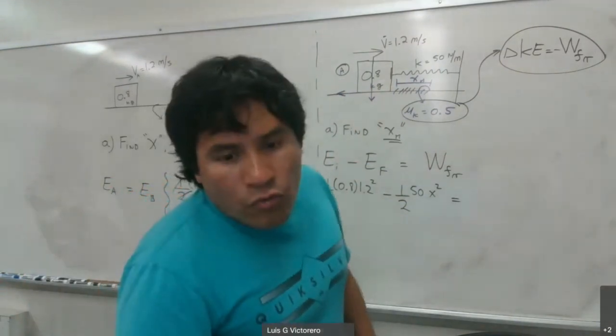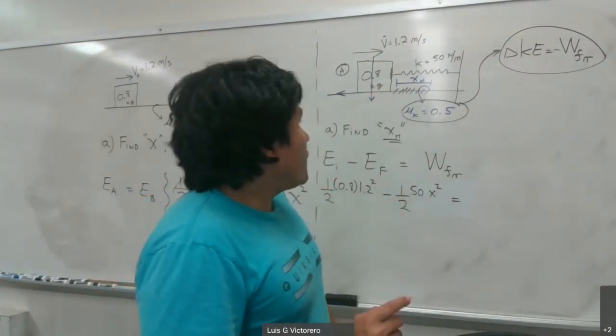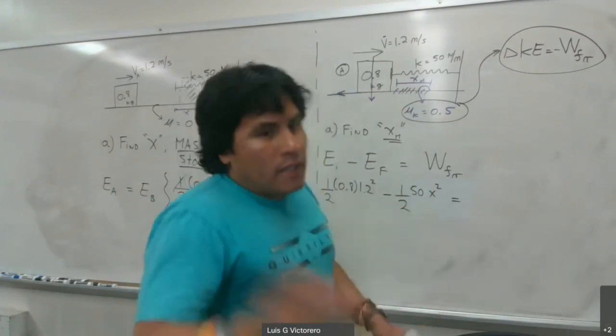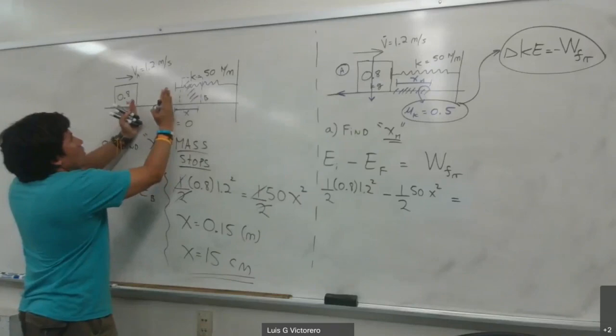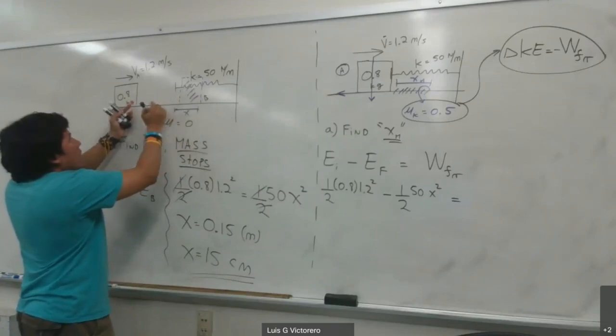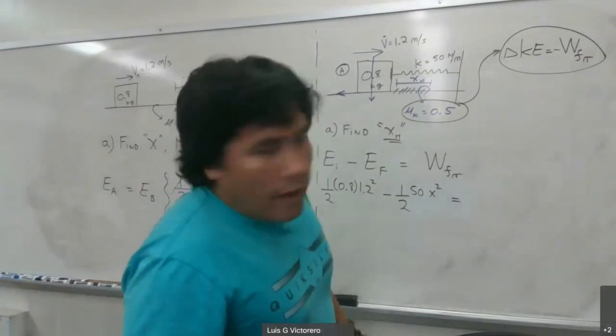The block will move while the friction is acting. That's why I say it's different if it was that other situation. In this situation here, the length will be all this. You will need to know this length, how far the mass is from the spring. Okay.